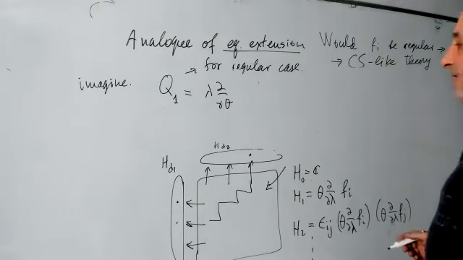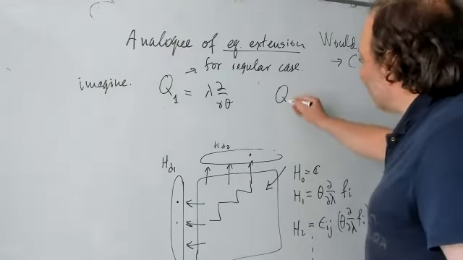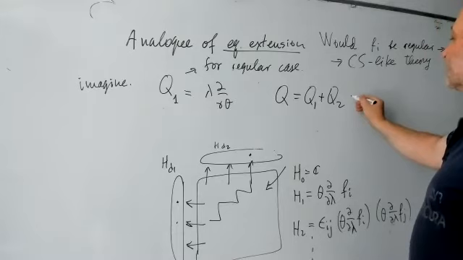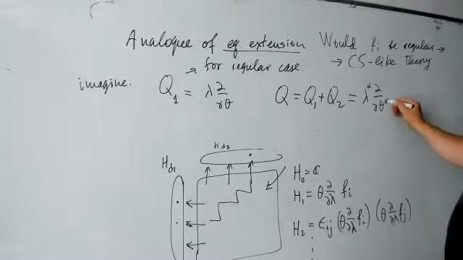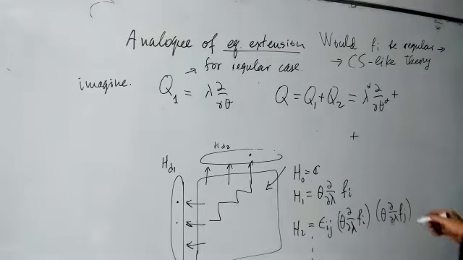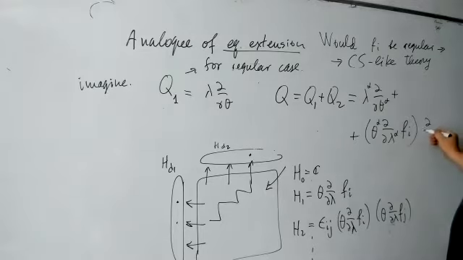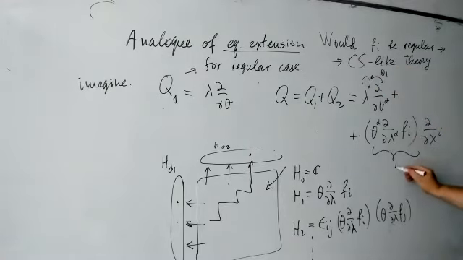So, in the regular case, we can try to write down the analog of Q. That would be plus, so this would be Q1 and this would be Q2.